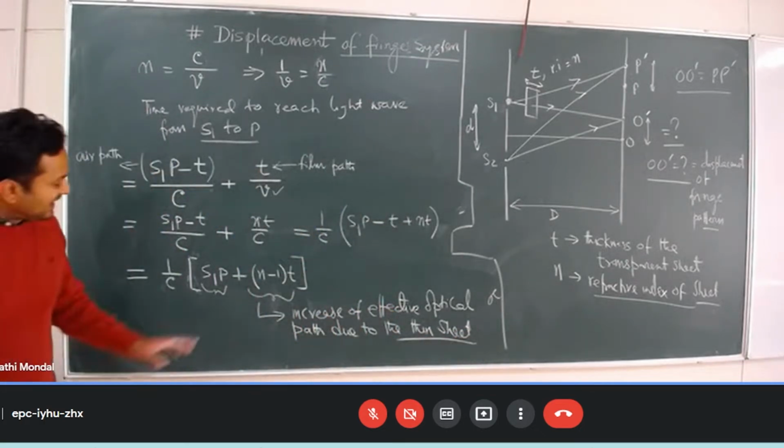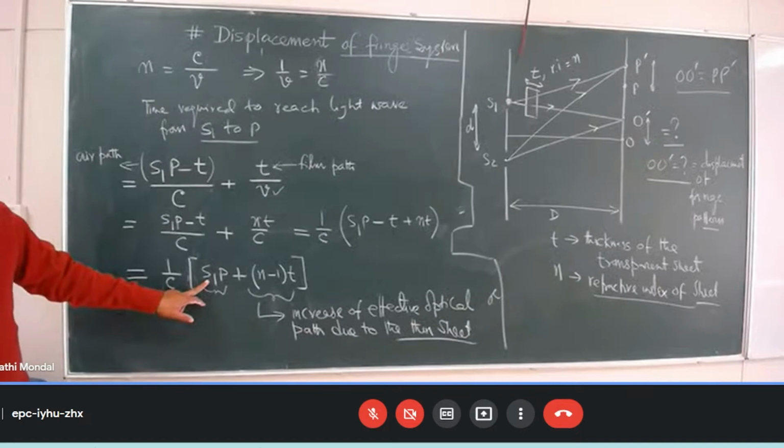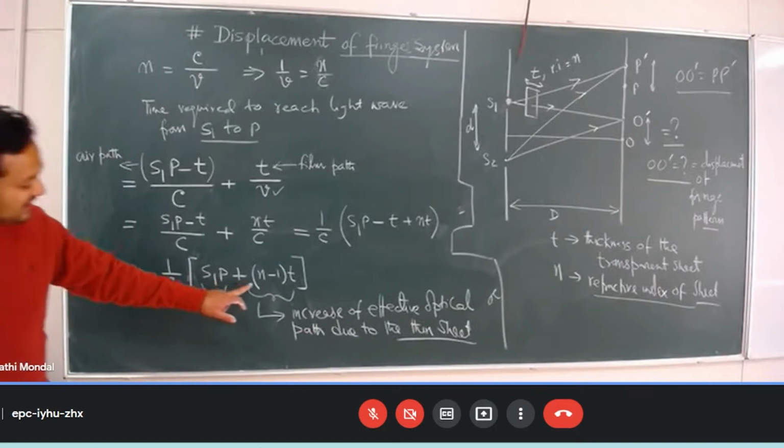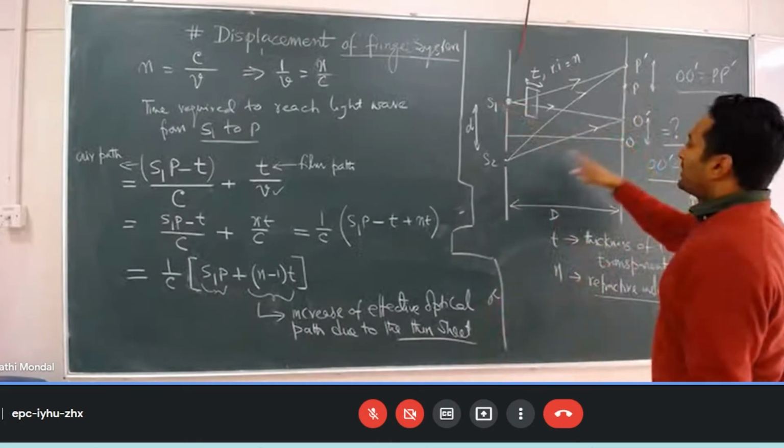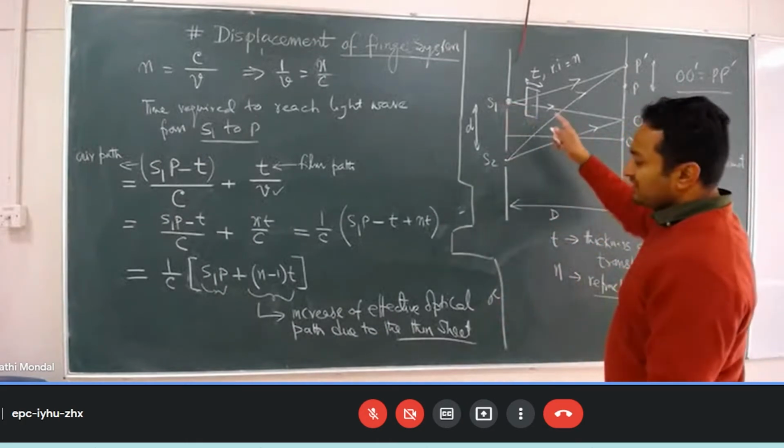Before, when the thin sheet was not there, what was the path? S1P. Previously S1O equals S2O, before inserting.